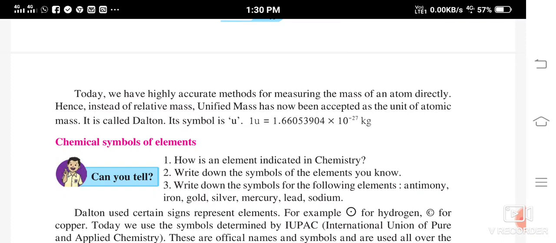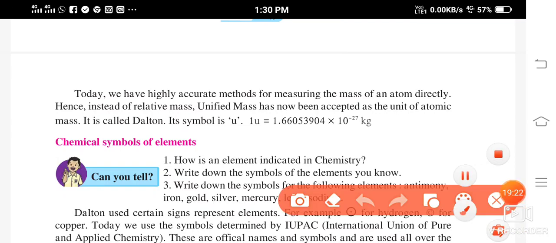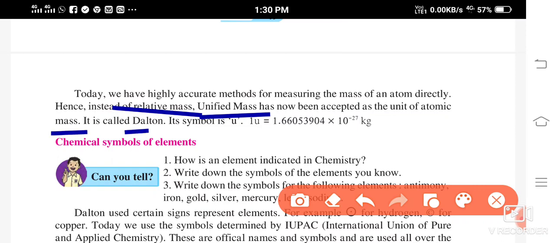That is called the Dalton, and the symbol given is u.